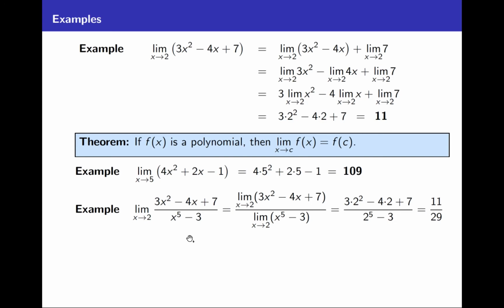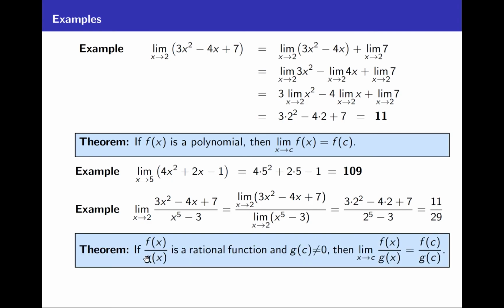Now you can see from this example that if you ever had a rational function like this one, a polynomial divided by a polynomial, working things out this way and using our theorem up here, what you get is just the number that x is approaching plugged into that rational function. In this case, it's 11 over 29.